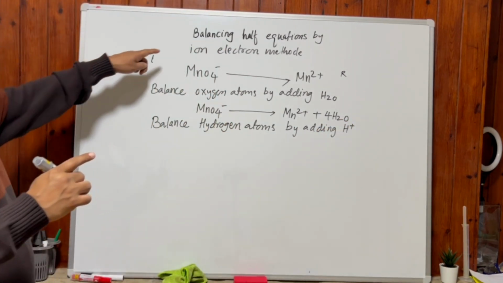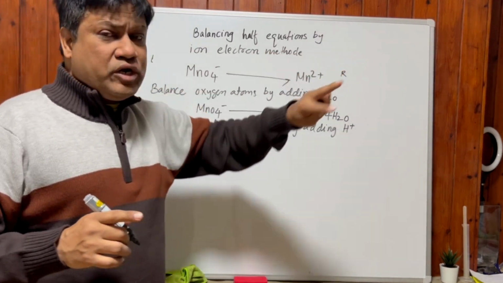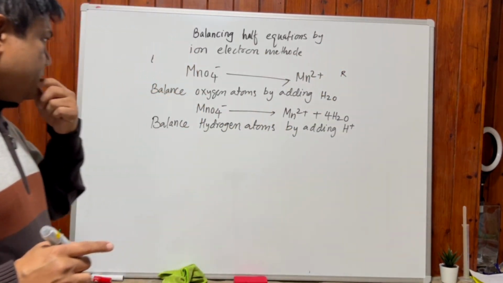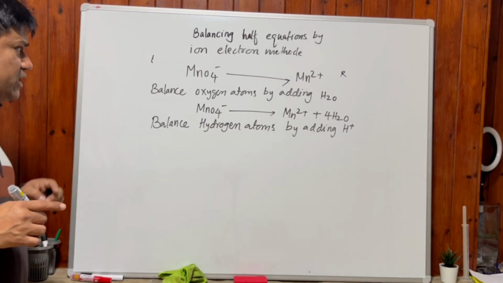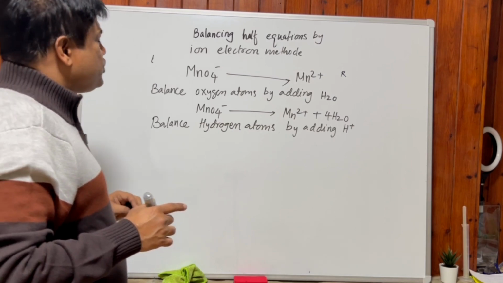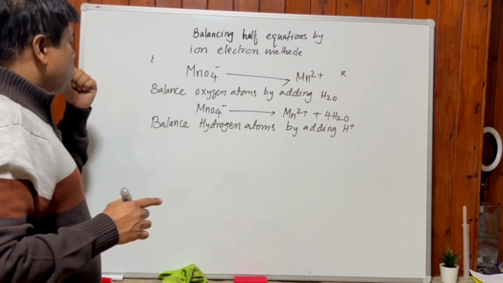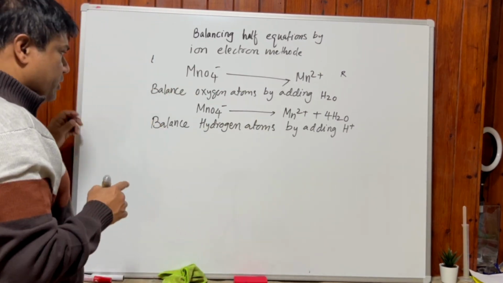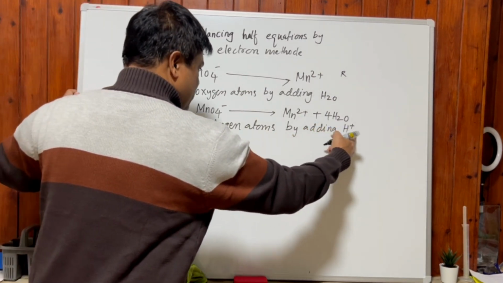You know, we can balance this equation in two conditions, in acidic medium and in alkaline medium. So first we are doing acidic medium. Balancing the half equation by using ion electron method in acidic medium. That's why we are adding H plus ion.